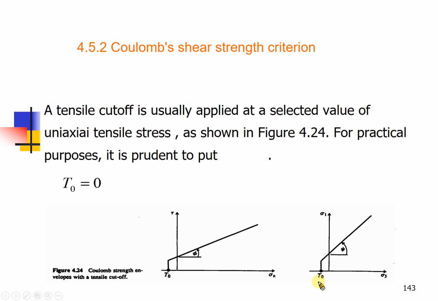Do you know cutoff? So this will be the tension cutoff. And this part will be the Mohr-Coulomb failure criterion. We accept all of the assumptions for the Mohr-Coulomb failure criterion. Then you can get this. Okay? Until now, it is okay for everybody. If you have any question, please don't hesitate.